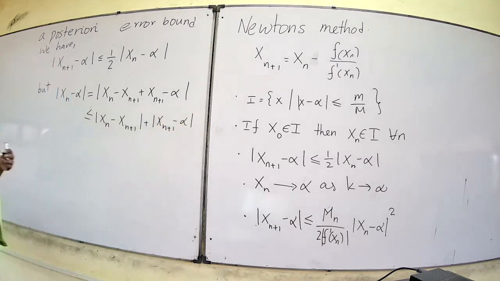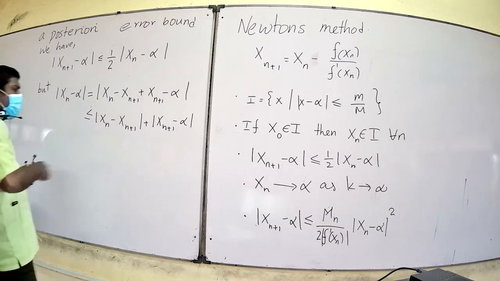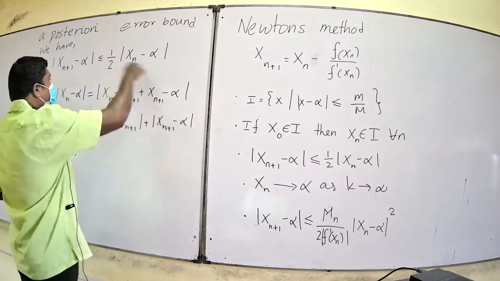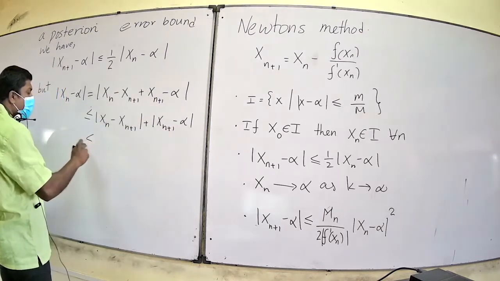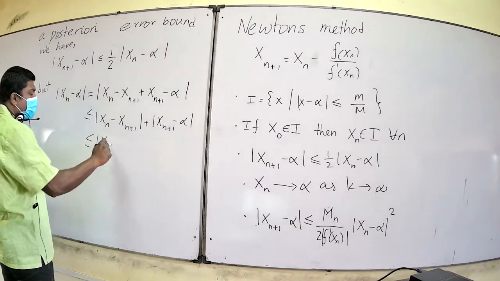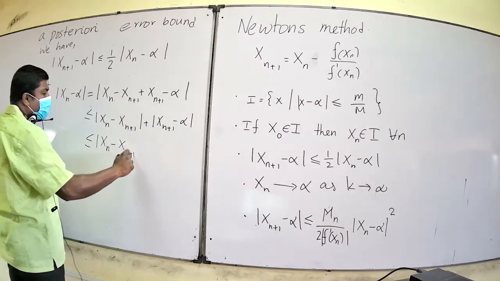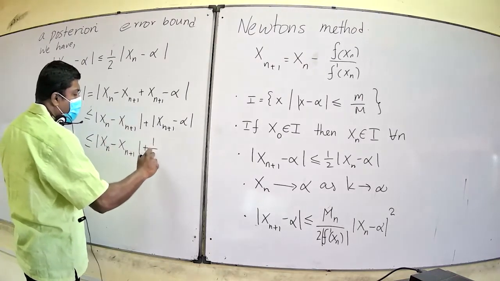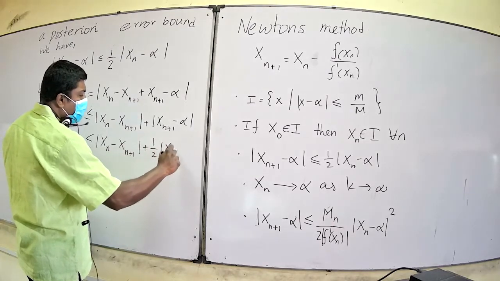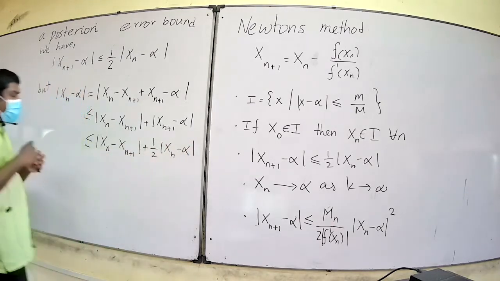Right, but this is less than or equal to xn minus xn plus 1 plus the absolute value of xn plus 1 minus alpha. But you know xn plus 1 minus alpha is less than half of xn minus alpha. So this is less than or equal to xn minus xn plus 1 plus half of xn minus alpha.